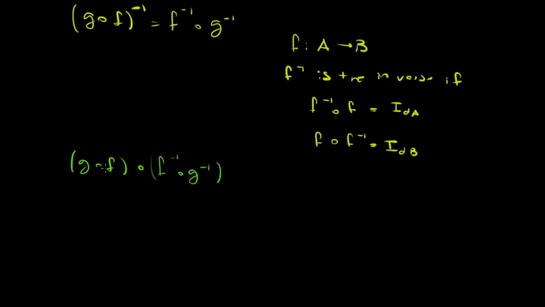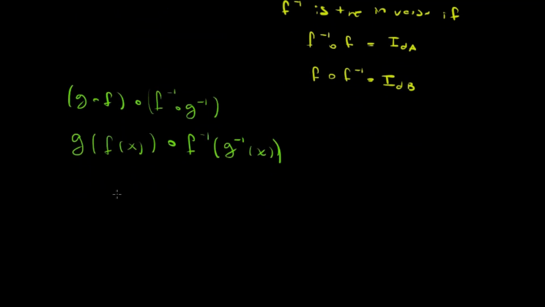Let's start with this composition. The G composed with F is G evaluated in F of a certain element X. We want to do the composition of this with F inverse composed with the inverse of G, also for an element X. And now this composition would be G in F in this, so it would be in the inverse of G in X. I think those parentheses are right.